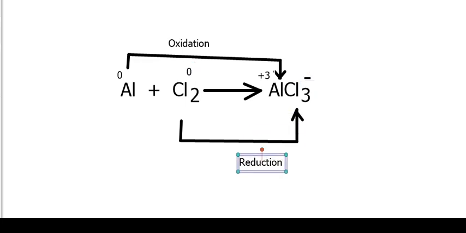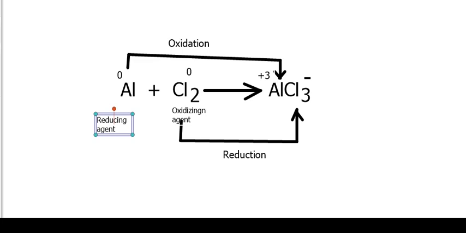That reaction is said to be reduction. That which is reduced is said to be the oxidizing agent. So therefore, in this reaction, the chlorine is the oxidizing agent, while that which is oxidized is said to be the reducing agent. So therefore, aluminum is simply the reducing agent.